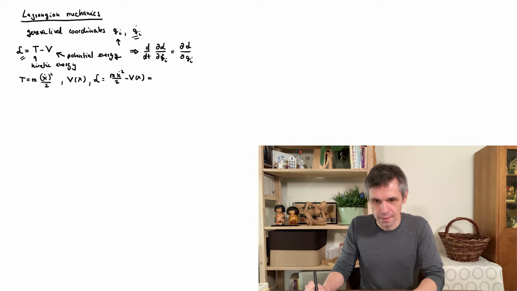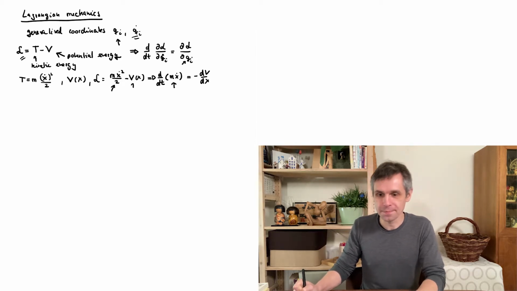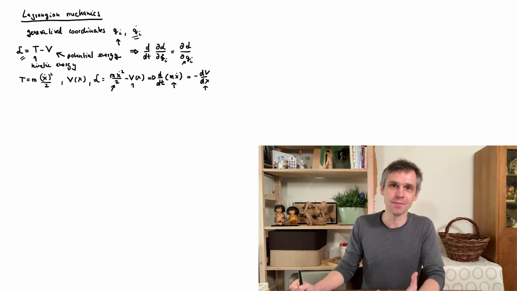And then the equation of motion first involves the partial derivative of this term with respect to x dot. So this gives us m x dot. And this partial derivative here simply gives us minus dV/dx. And so this is indeed the change of the momentum over time, and this is the force as we normally define it from a potential.